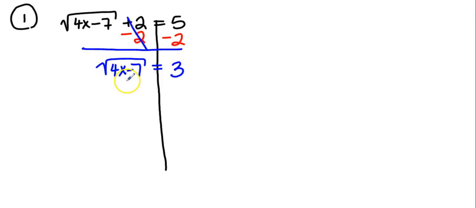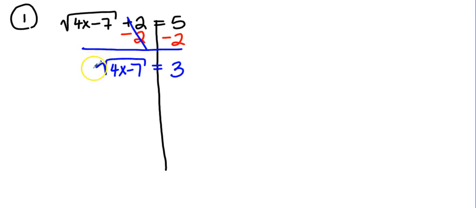As tempting as it might be to now say plus 7, I can't do that because this entire piece is underneath the radical. That's like saying 4x minus 7 all to the 1/2. Until you address the root or the power, you can't touch what's underneath. So we have to ask ourselves, what's the opposite or the inverse operation of taking the square root?